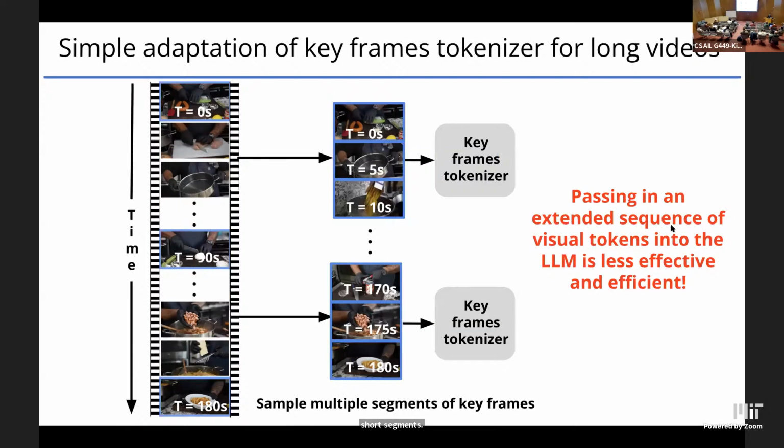And now we can just feed all of them, each global and all the local segments, into our keyframe tokenizer. Now we have a whole pile of tokens and we feed that into the LLM. Okay. So we can do that, but the downside here is that passing this extended sequence of visual tokens into the LLM will be pretty inefficient.